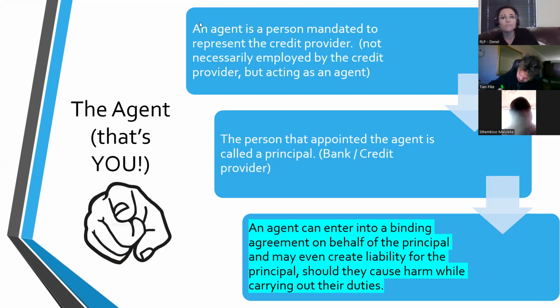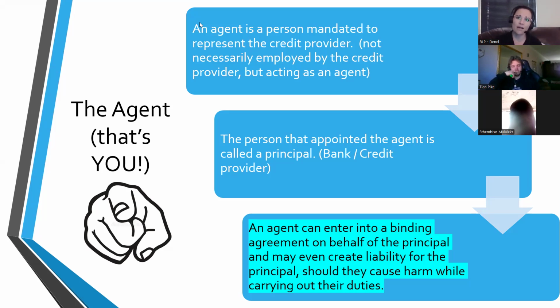The most important part, and the part I want you guys to focus on here, is the blue part, and this counts 2 marks in your exam, okay? And that is where they say that an agent can enter into a binding agreement on behalf of the principal. That's the first one. Let's use the example of the finance and insurance manager at the dealership.